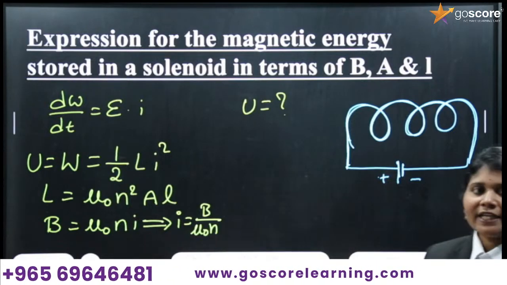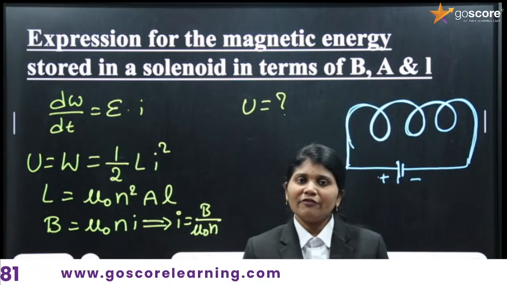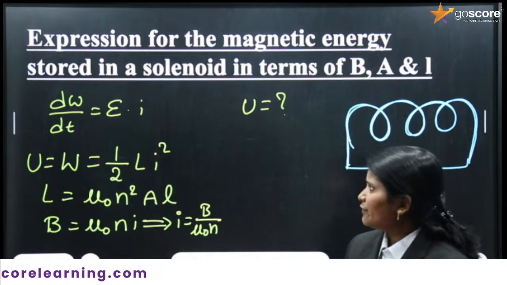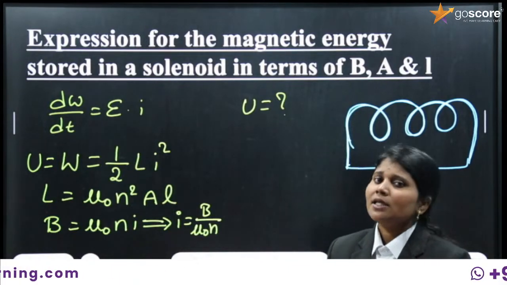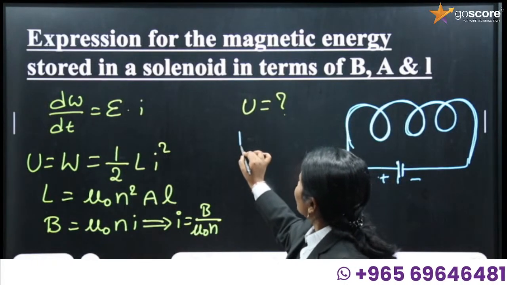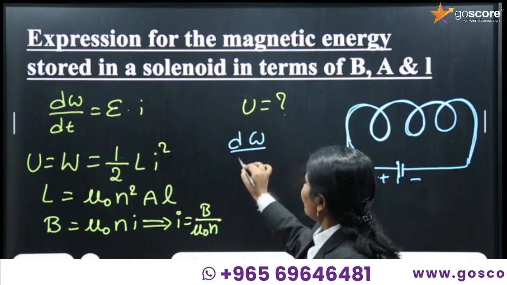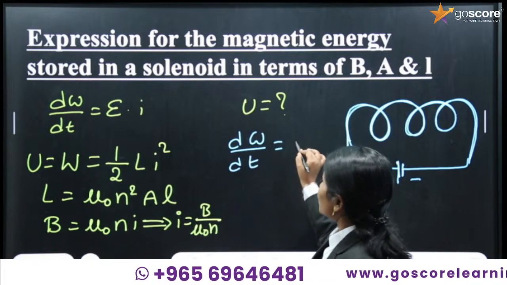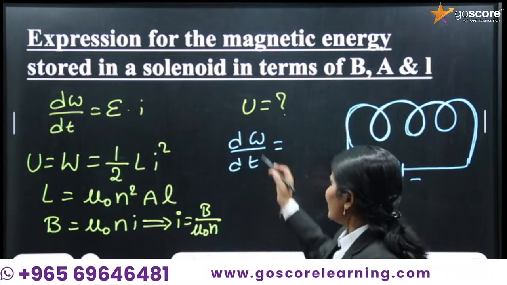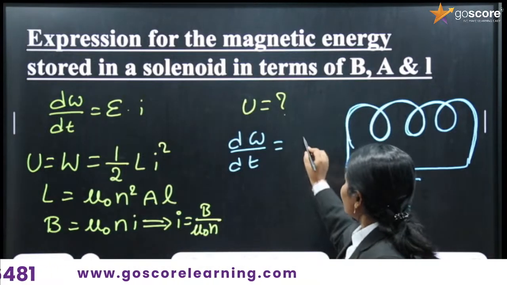How? The EMF is every time opposing the magnetic flux. Here every time we are getting the opposing EMF, that's why we are getting work done. Then we know that dW by dt is equal to voltage into current.